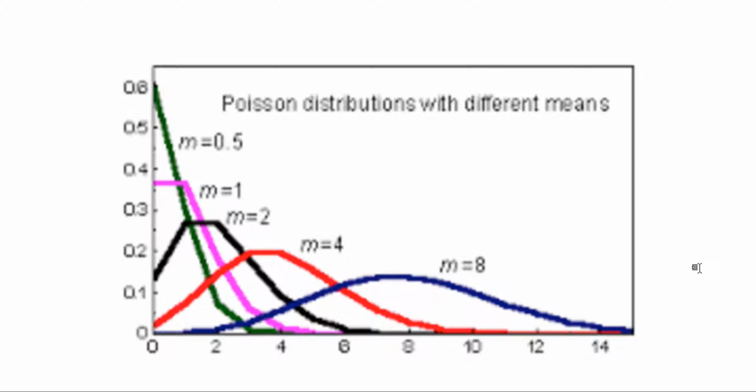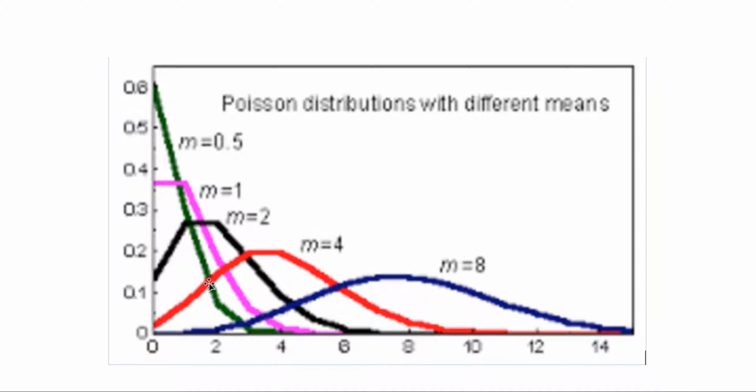Here you can see if the mean is 4, it looks like this. We did an example with mean 5 for 2 accidents, so that was 8%. Here we can see if the mean is 4, the 2 accidents is a little over 10%.